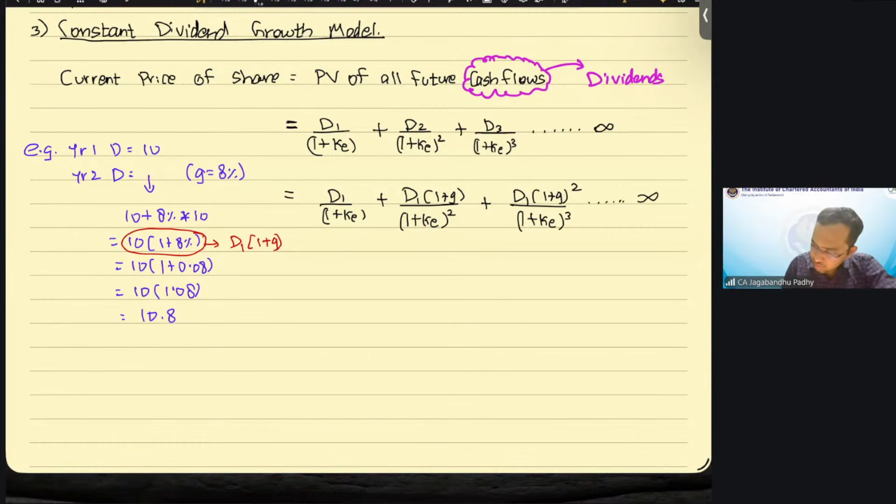And then it just goes on till perpetuity. Of course, you can calculate the numbers, but we are not interested in numbers. We are interested in this sort of coding in variable form. So this is your first year dividend present value, this is your second year dividend present value, this is your third year dividend present value. It just goes on till perpetuity because we always assume that a company is going to exist forever.